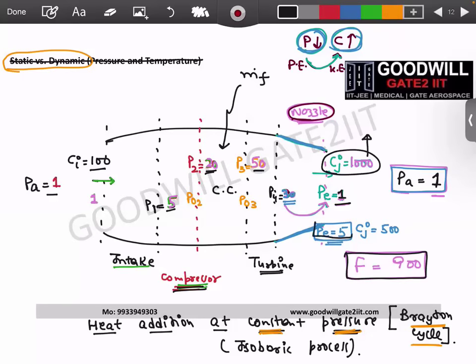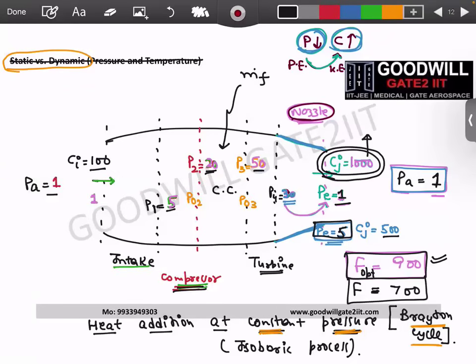In this case, where you have PE equals 5, not the optimum case, in the general case, if you use 500 Cj minus Ci plus your pressure thrust also, maybe you get 700. So even though pressure thrust is 0 here, because of this high velocity, your thrust is best.